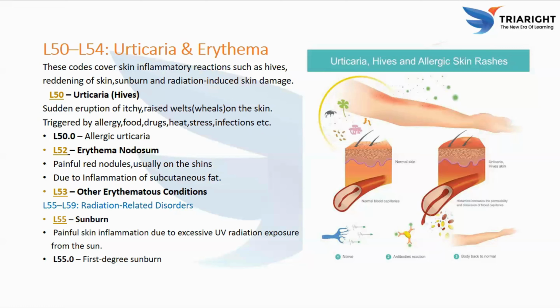This is the difference between normal skin and hive skin. Once the allergen effect reduces or antihistamines are given, histamine release stops, capillary leakage decreases, swelling and itching fade, and skin returns to normal.